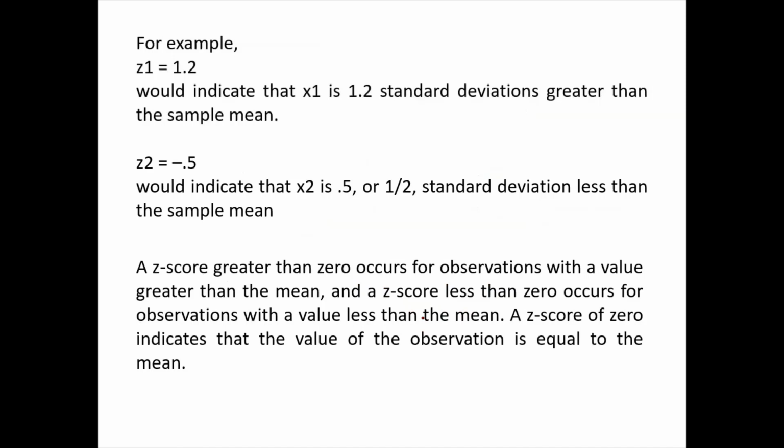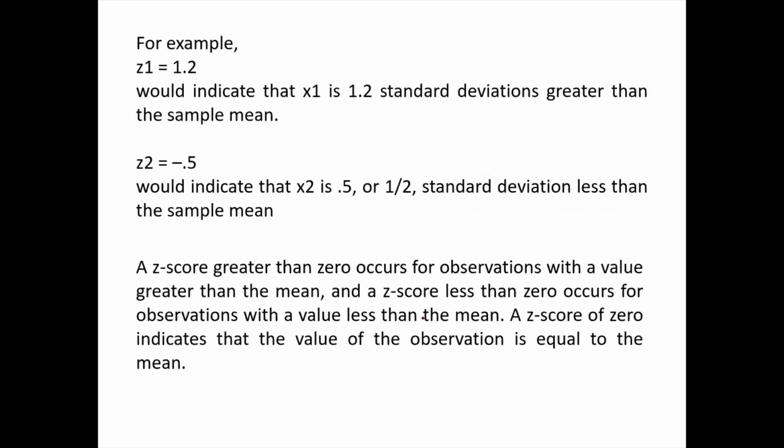Okay, so look at this example. Suppose the standard distance comes as 1.2 for any point. That would indicate that x1 is 1.2 standard deviations greater than the sample mean. So if I am saying z1 is equal to 1.2, that means my first point x1 is at 1.2 standard deviations from the mean.